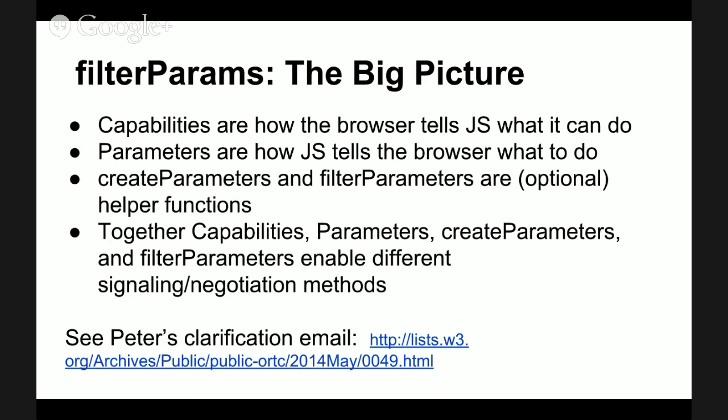And the idea here is that by using create parameters and filter parameters, you can easily set up, without a lot of heavy lifting, all the parameters you need to do simple use cases, as well as do some simple negotiation scenarios with that. That's kind of the big picture scenario of what you can do. Can you go to the next slide, please?